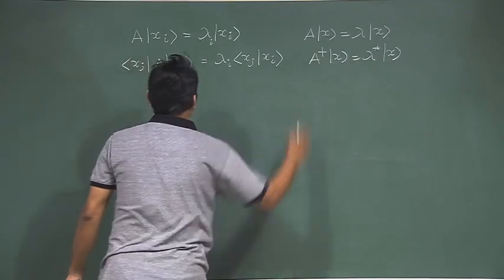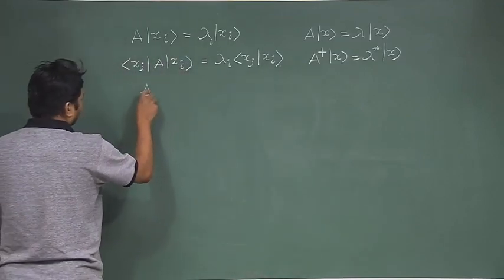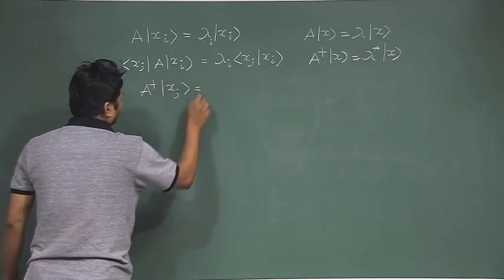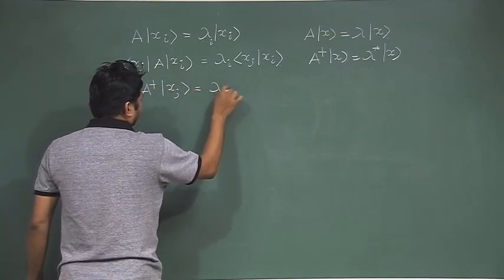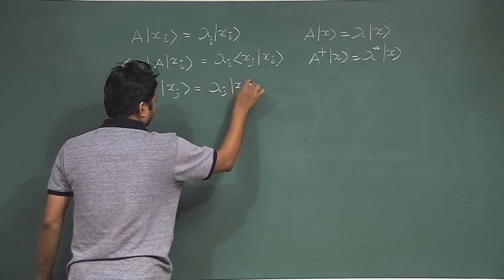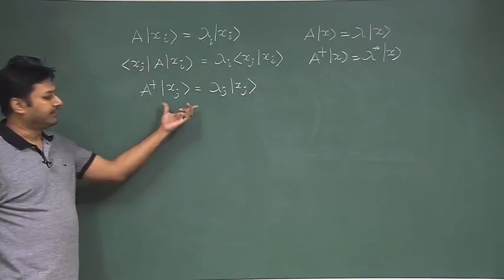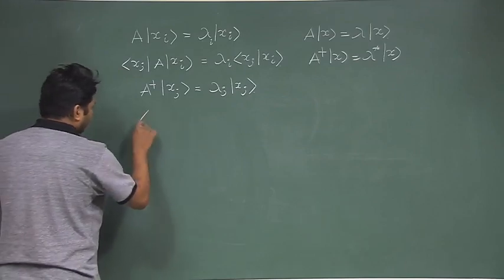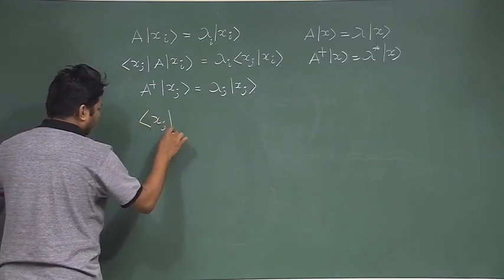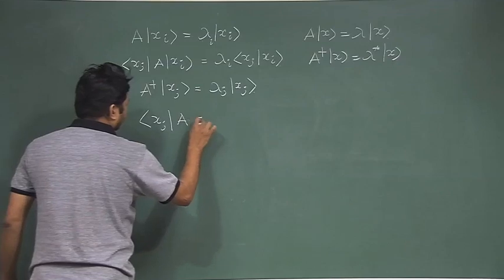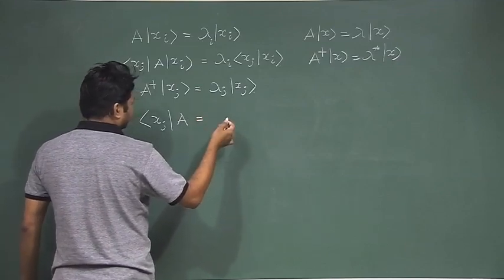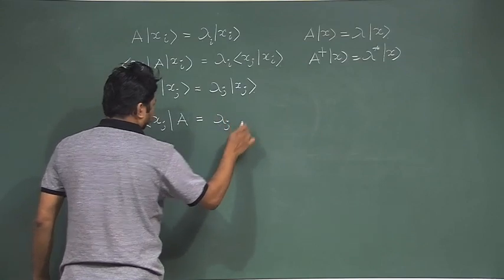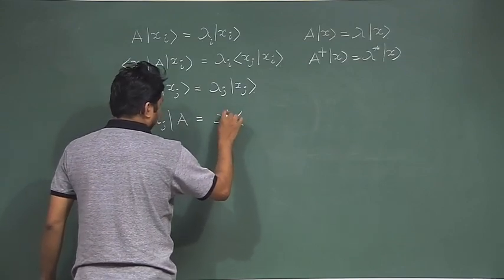For this also I can say this is, I operate over the jth. I have this in my hand. I will again make a dual conjugation of this. If I do, then my equation simply changes to something like this.